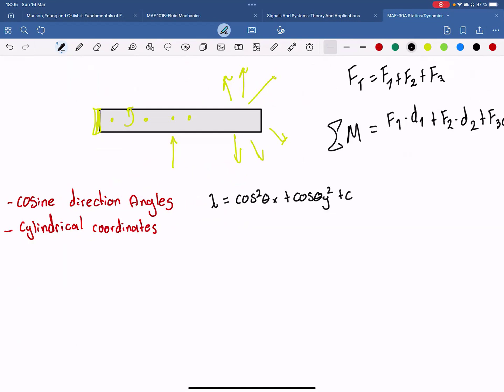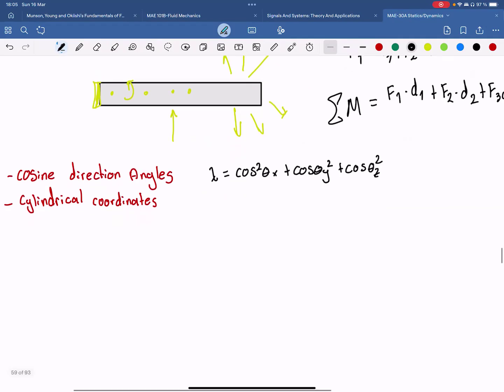So if I have theta x and theta y, I know the magnitude of that vector of cosine direction angles will be 1, and I can solve for theta z, right? That is what we did in the take-home portion of the first quiz. I solved for theta z with this identity.